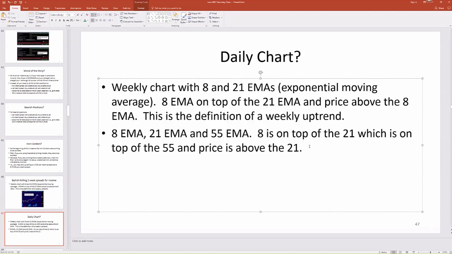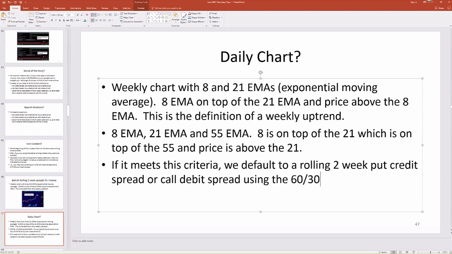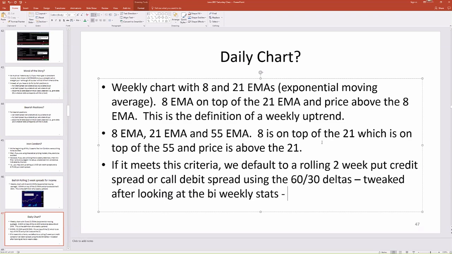So if it meets this criteria, we default to a rolling 2-week put credit spread or call debit spread using the 60-30 deltas, tweaked after looking at the biweekly stats and utilizing the profit and stop targets already discussed.